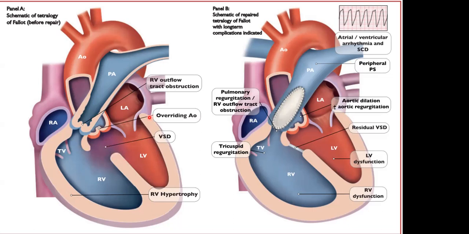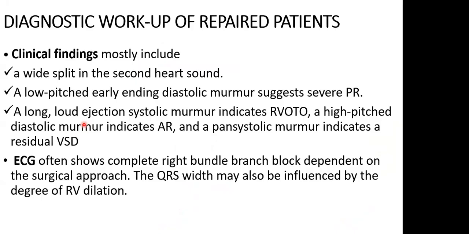Then also there's an overriding of the aorta. The aorta is supposed to be attached to the left ventricle, but at this point in time, it's attached at the ventricular septum, interventricular septum. So this is the overriding of the aorta, and this is obstruction of the right ventricular outflow tract. So basically, this is just showing us a picture of a patient with tetralogy of Fallot.